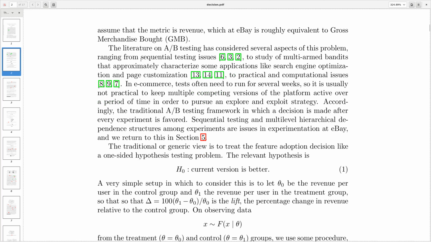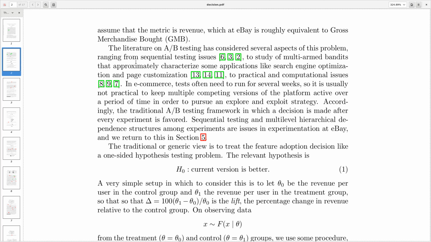The literature on A/B testing has considered several aspects of this problem, ranging from sequential testing issues to the study of multi-armed bandits that approximately characterize some applications like search engine optimization and page customization, to practical and computational issues.